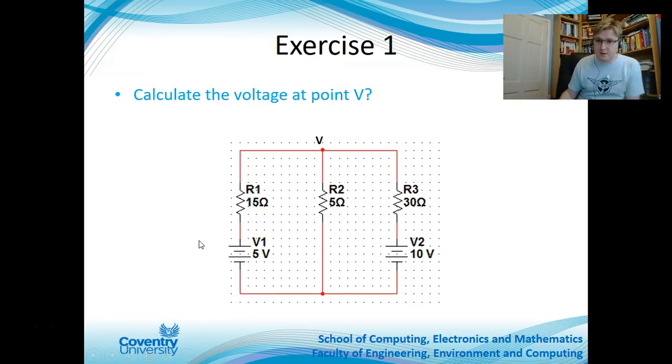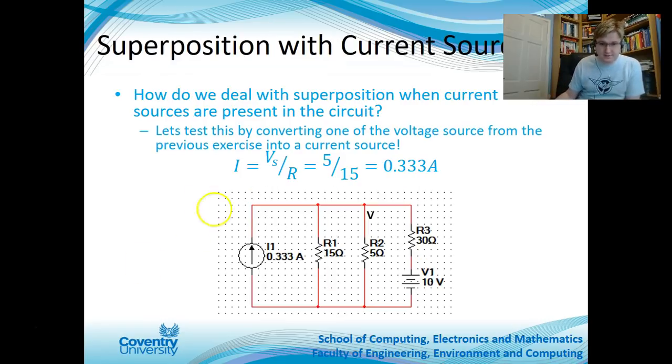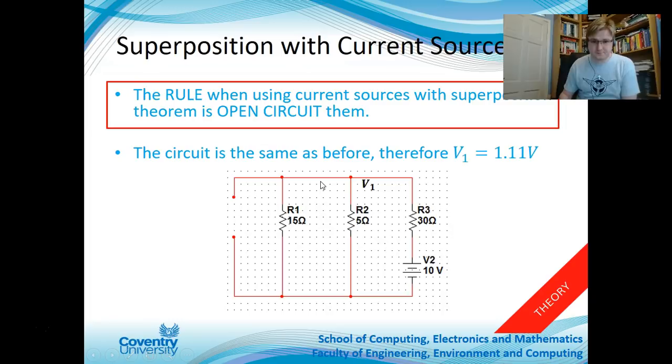And as you remember, when you do source conversion, the resistance value stays the same, and use Ohm's law to then find the magnitude of a current source. So as you can see there, the resistance has gone from being in series to being in parallel. And I used Ohm's law, which is represented here, to give me the 0.333.